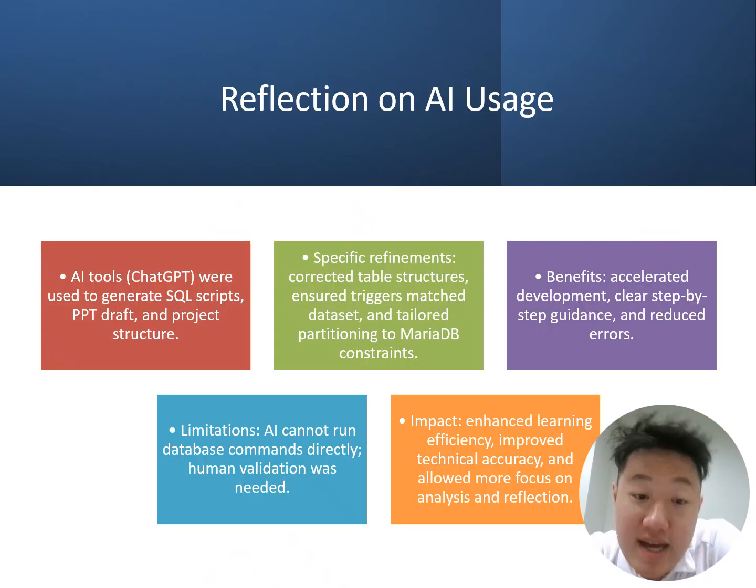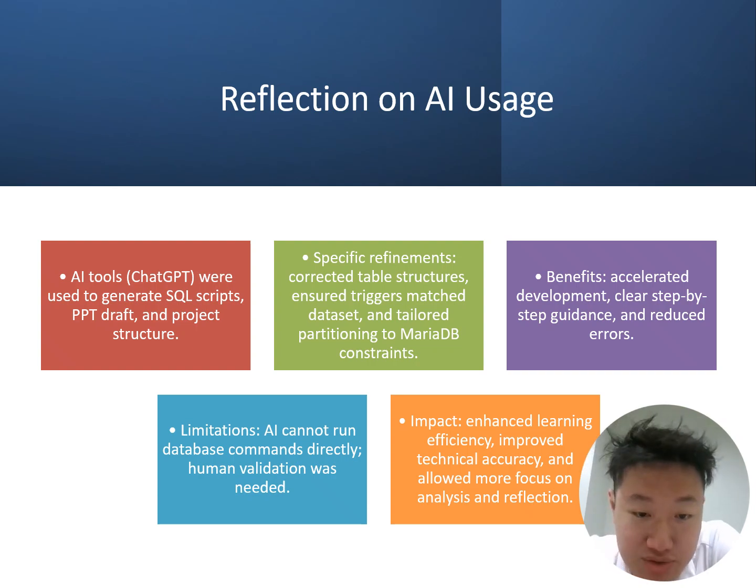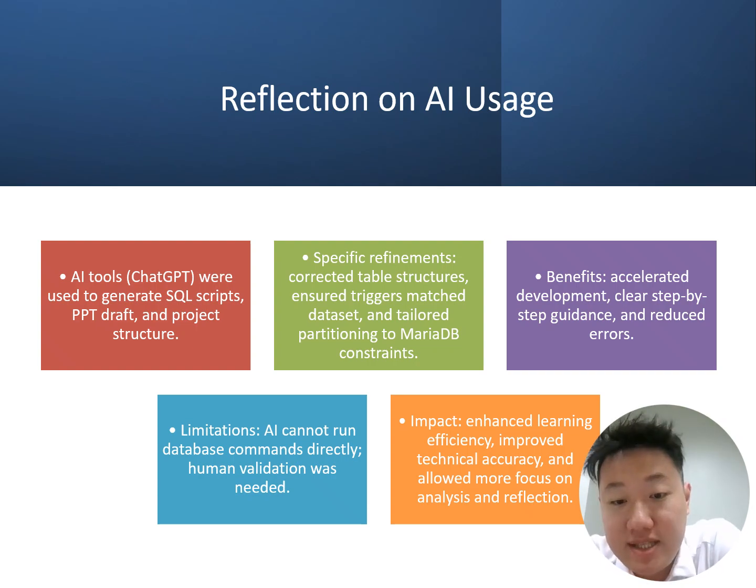So at the end, I do a reflection on the AI use. I will be transparent about AI in my workflow. I used ChatGPT to draft the SQL, design the trigger patterns, and sketch my slide outline. And here are specific corrections and refinements I made with AI's help.